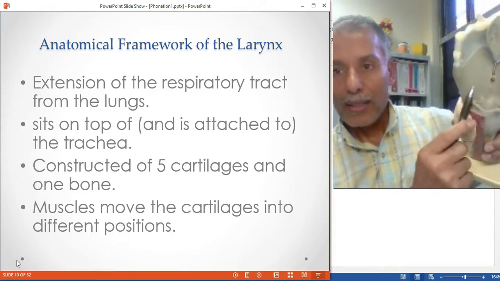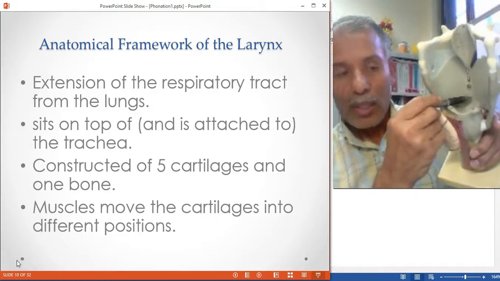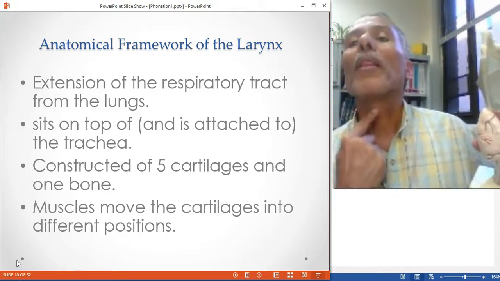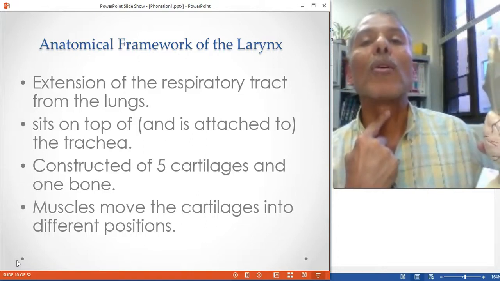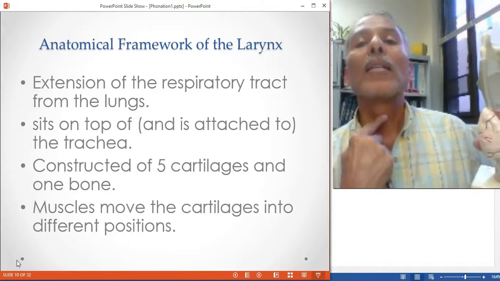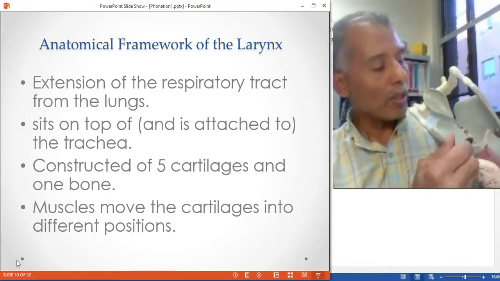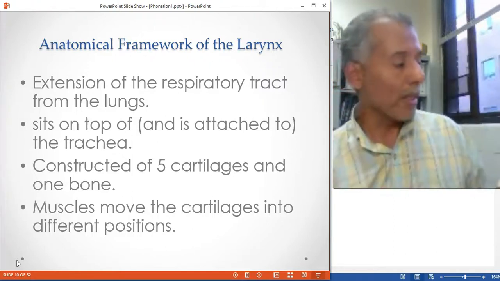They sit here, and each one has a vocal fold attached to it, and the vocal fold is also attached to the front, right beneath the thyroid notch, that piece that you touched here. Beneath it, inside, you have the origin of the vocal folds. So each one is attached to one arytenoid, as we will explain later.